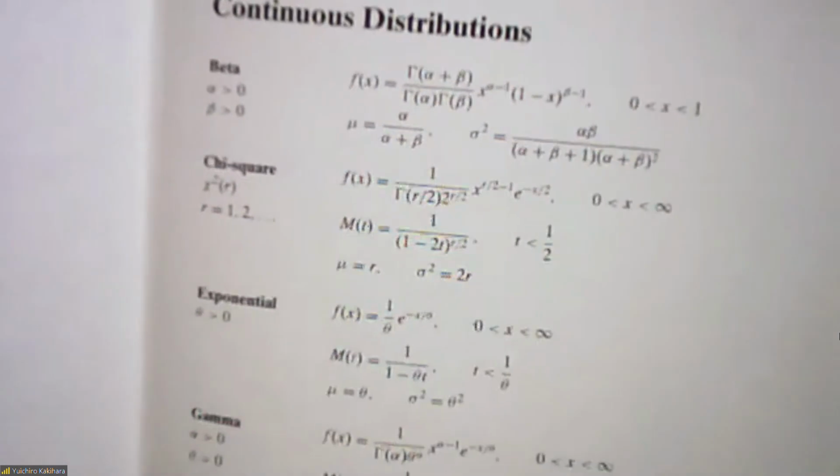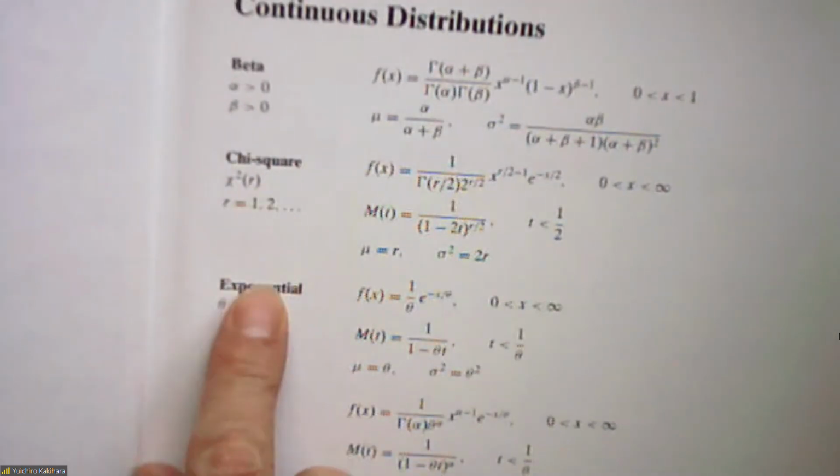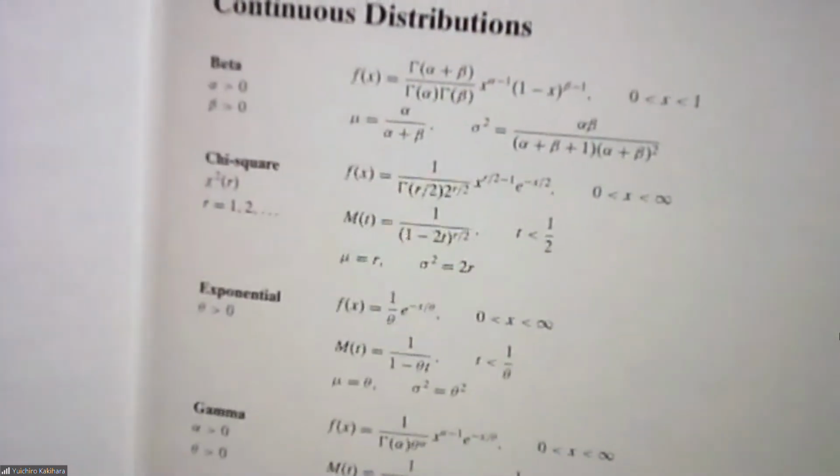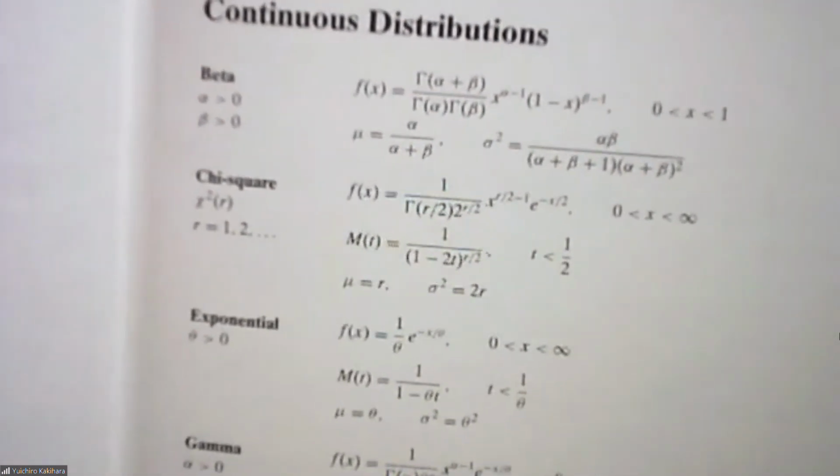On the other side you have the continuous ones: beta, chi-square, exponential. So you can look these up and try to memorize everything. That's my advice.